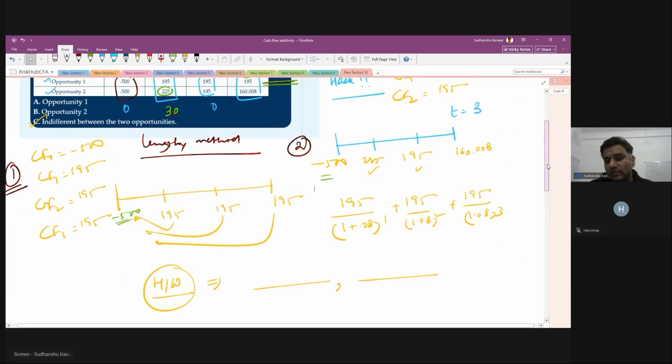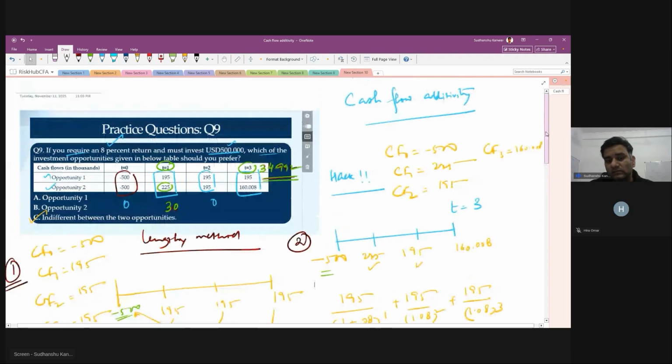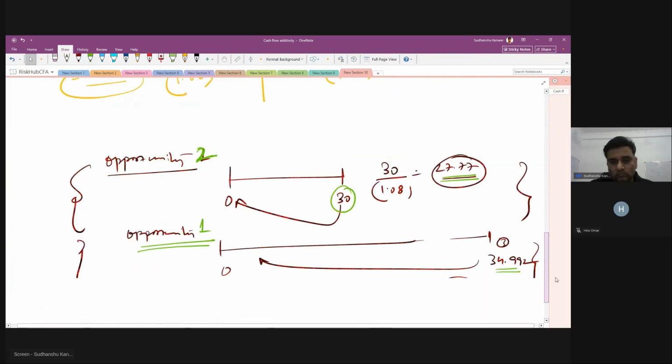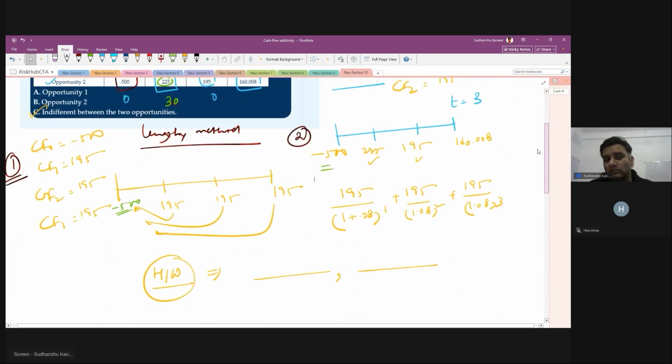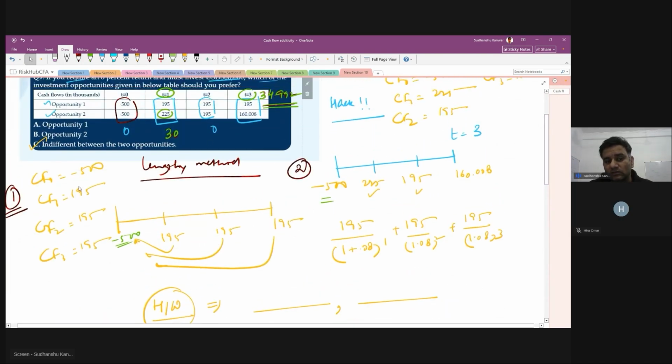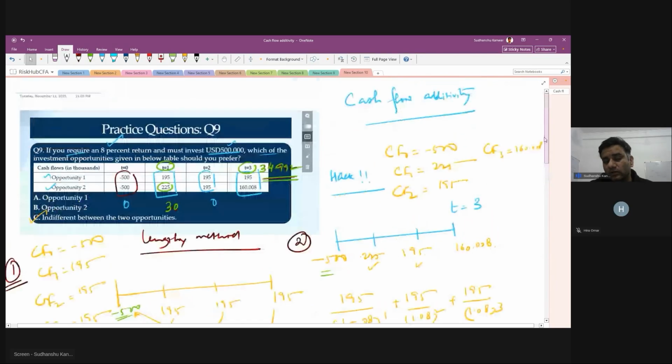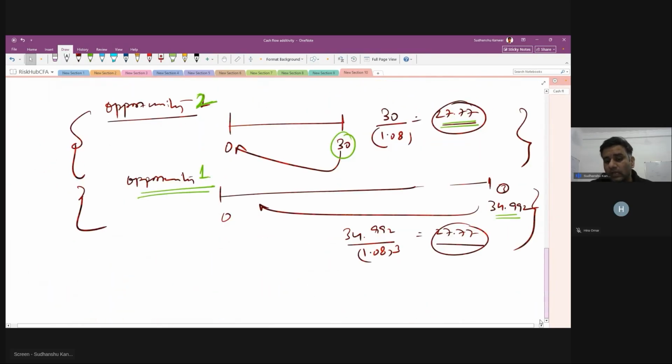If you can't remember the hack, just follow the normal calculation, input in the calculator very fast: CF0, CF1, CF2, CF3, calculate the present value. Here also calculate the present value, both will come out the same. There is no problem in that. I have given you a hack also because in your book they have given a hack, so I just wanted to cover that.